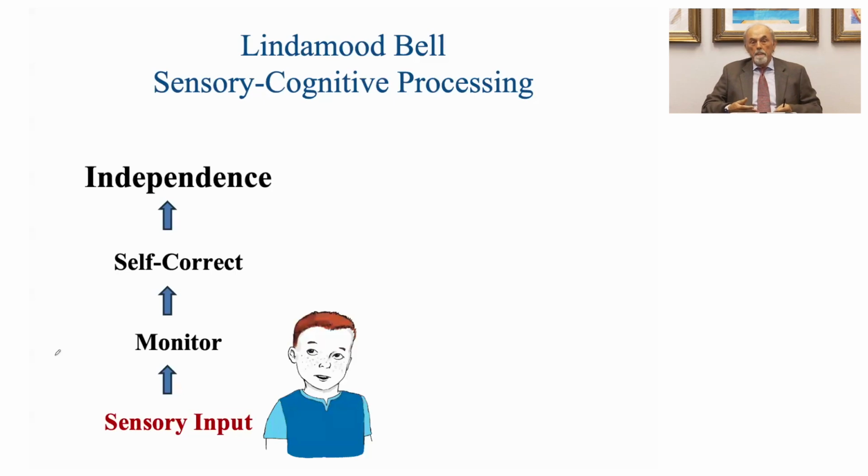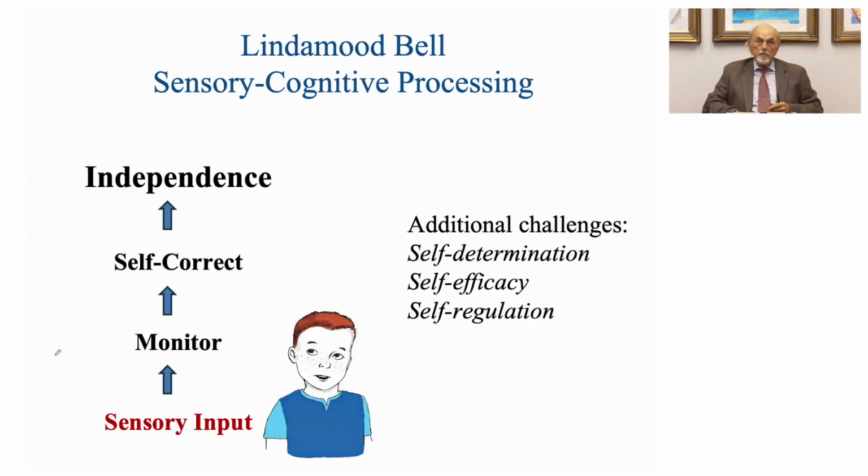But there's more to it. If we think about the effect of not being able to go through this, especially as related to children who also have attentional factors, they have difficulty self-regulating. They have difficulty in terms of their perception of themselves.